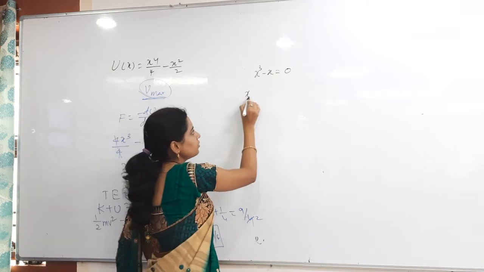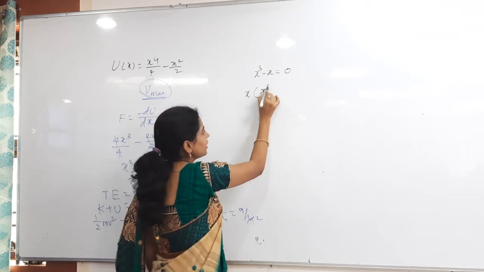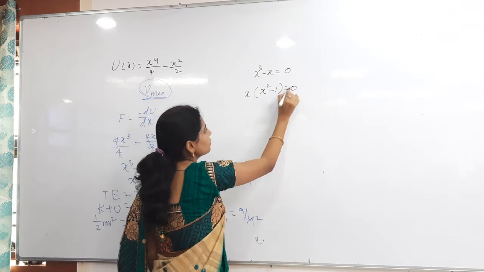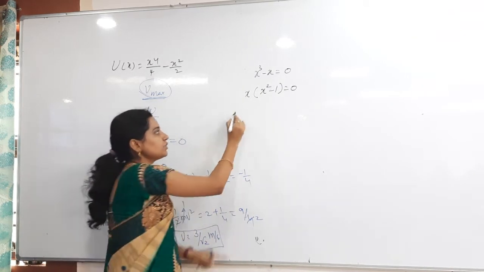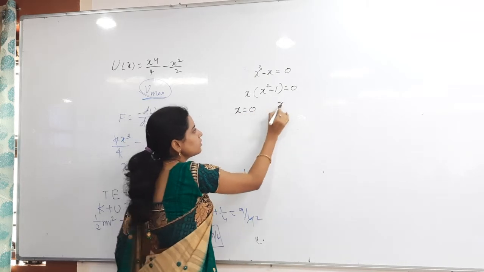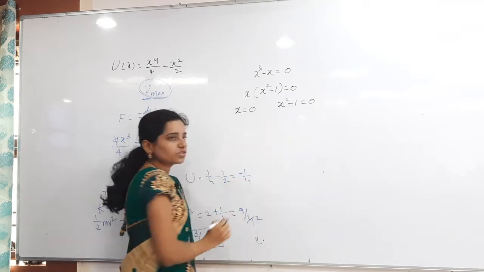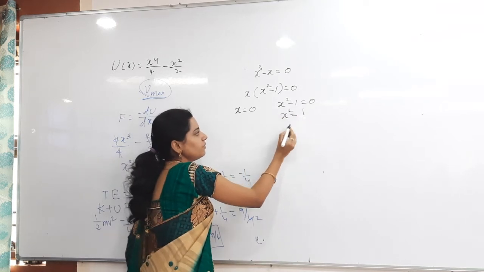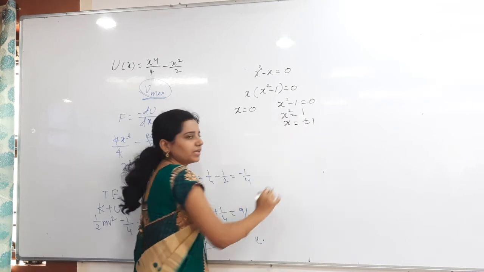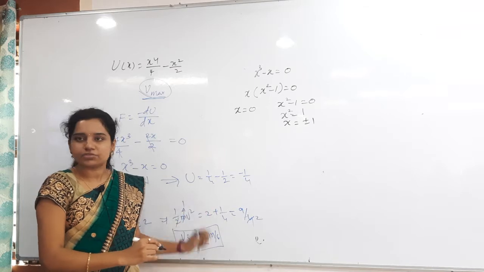Otherwise, I will take x as common, then x square minus 1 is equals to 0. From this I can write x is equals to 0, and also x square minus 1 is equals to 0 from the roots. Then x square is equals to 1, then x is equals to plus or minus 1. That is what we have taken here, and then we have solved.